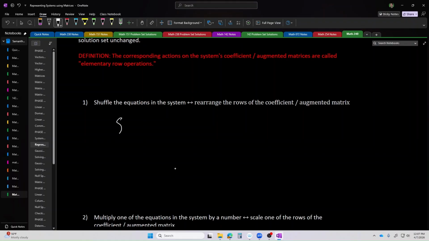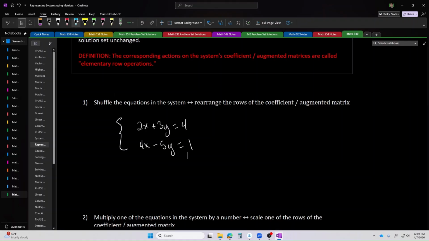So for example, if I'm solving a system that has 2x plus 3y equals 4, and 4x minus 5y equals 1, it's not going to hurt me at all if I took those two equations and just swapped their order in the system.